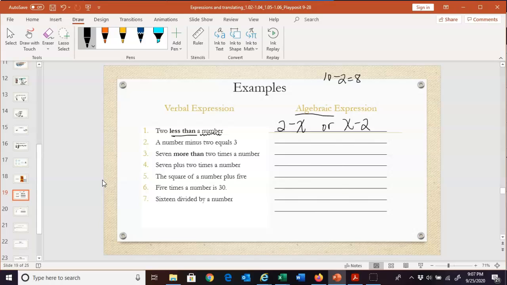So see, even though I said younger first, you still take the 2 off the back of the number, 10 minus 2. So even though these words less than appear in the sentence before the variable, we take it off the back of the number. So it is not this one. You're always going to subtract off the back to the right-hand side.